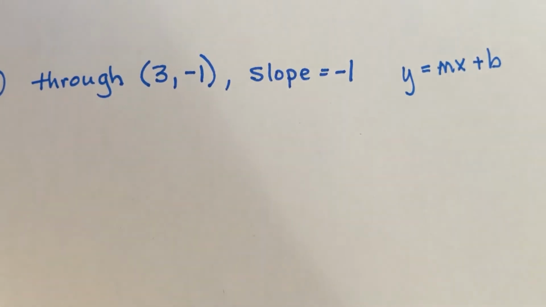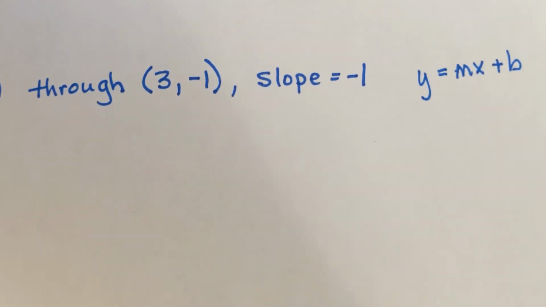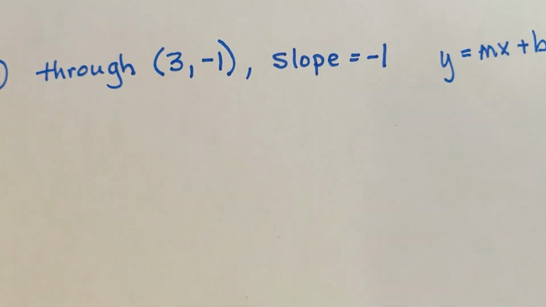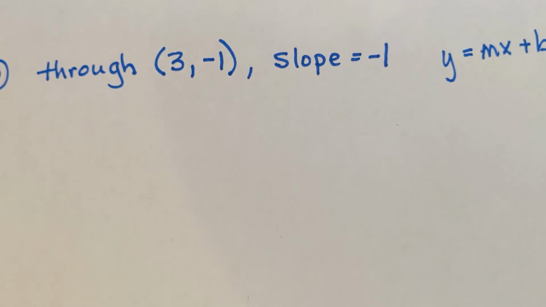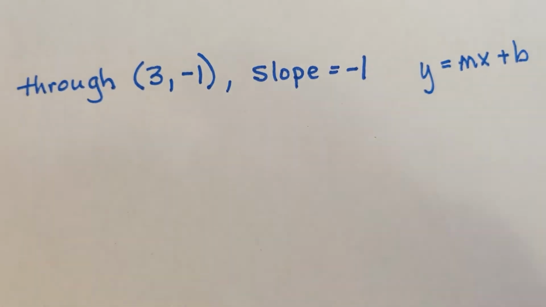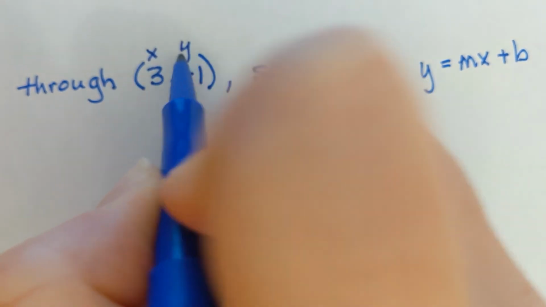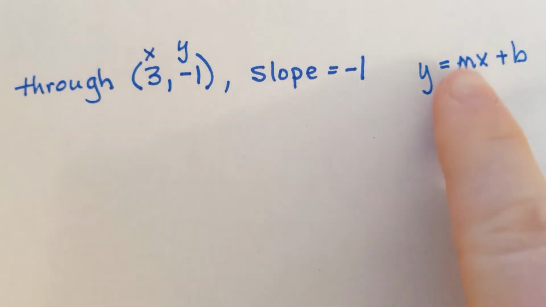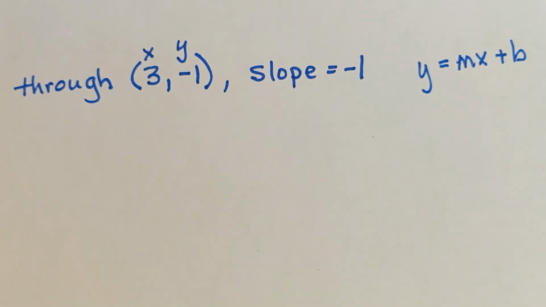B is our y-intercept, and since the x in this case is not 0 here, we know that that's not the y-intercept. It's a random point. But we can use this equation because it has an x and a y, and this point has an x and a y, and we're going to use that point with the slope in this equation to find b and then rewrite the equation altogether.